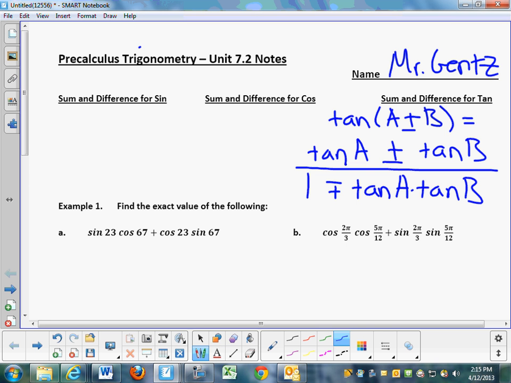If it's minus in the setup, then it's minus on top, plus on the bottom. Got it?